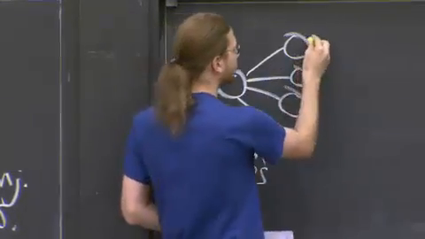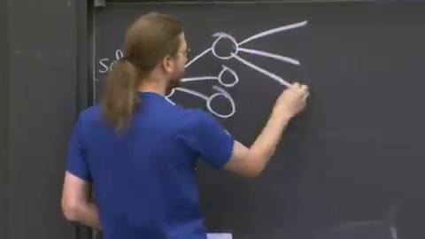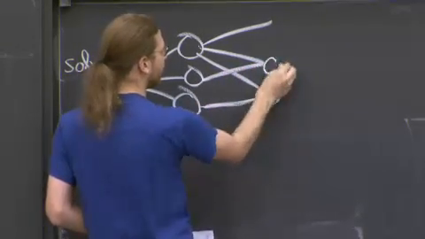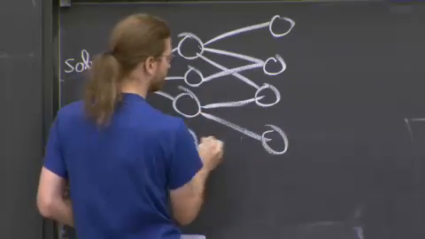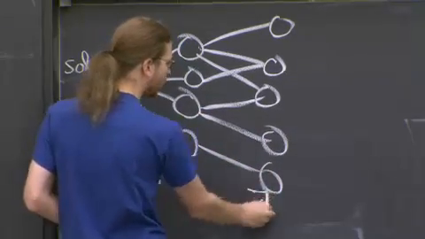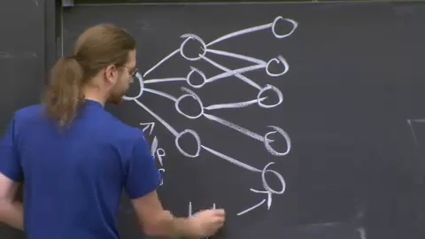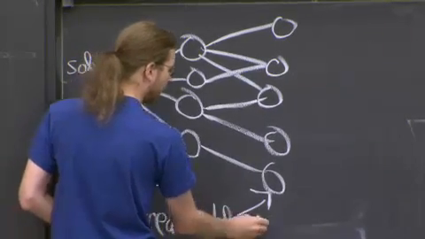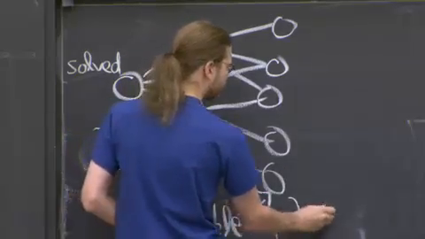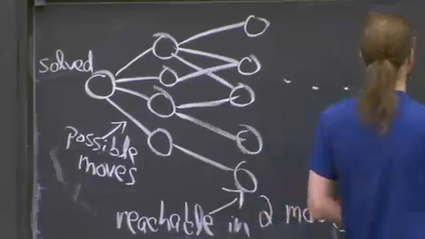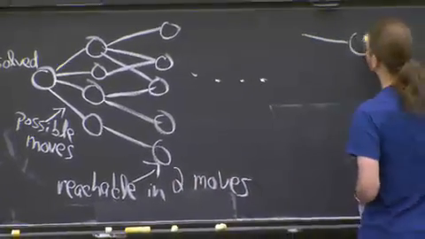And then from those configurations, there's more places you can go. Maybe there's multiple ways to get to the same node. Okay, but these would be all of the configurations you can reach in 2 moves. Okay, and so on. And at some point, you run out of graph.